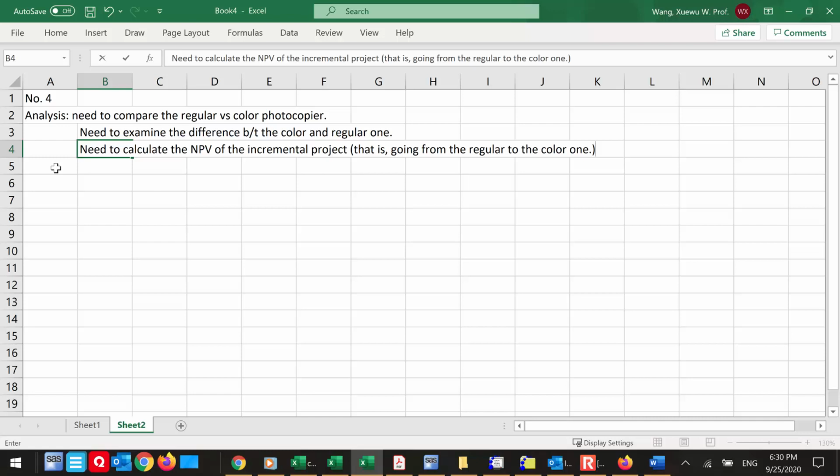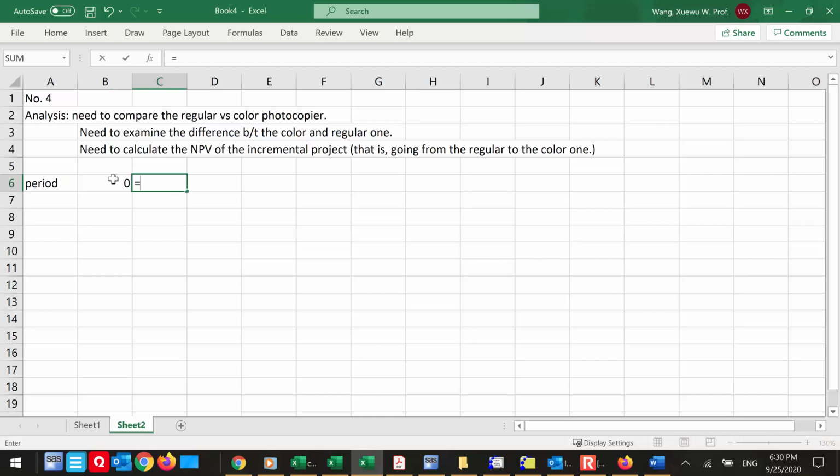That is a capital budgeting project. If it's a positive NPV project, yes, I'm going to take one more step and go from regular to color. And if that capital budgeting project is a negative NPV project, then no, I'm going to stick with the regular machine.